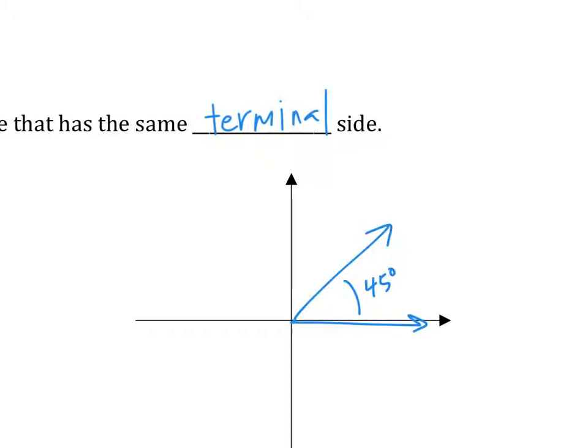What's another one that ends on the first quadrant, 45 degrees? Let's think about it. In order to end on the same place, what do I have to do? I have to go 360, so it ends on the same place. 360 plus 45.